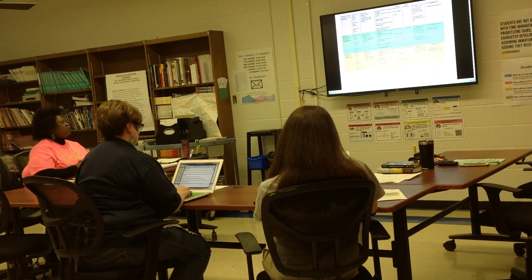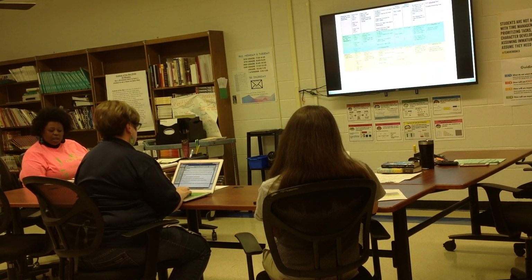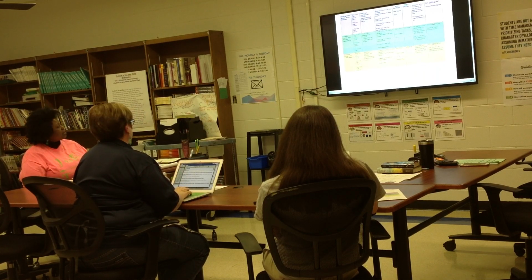The next section is the problem of the day with their math journals, so we'll revise those. Midterm, short-term, long-term, we'll revise those goals to match the new ones that we created for the top section. The same people will be responsible, same resources, same formative assessment, same summative assessment, so the rest of those pieces are the same.